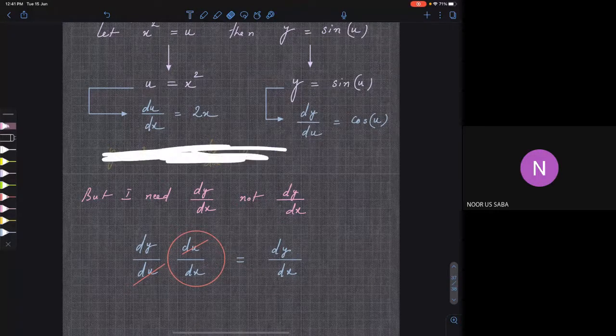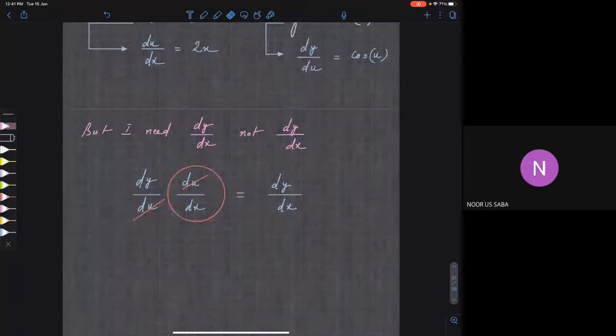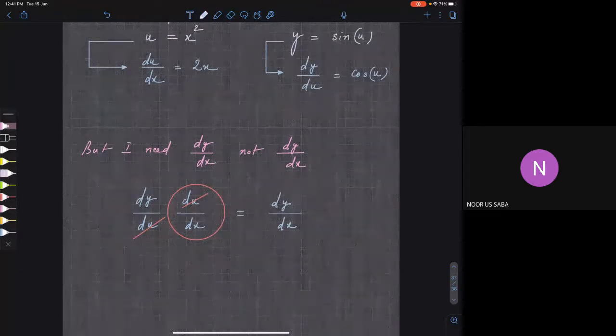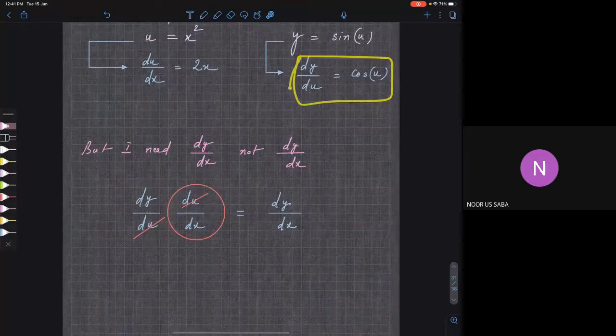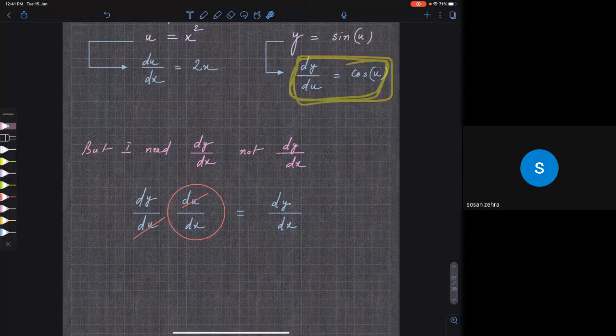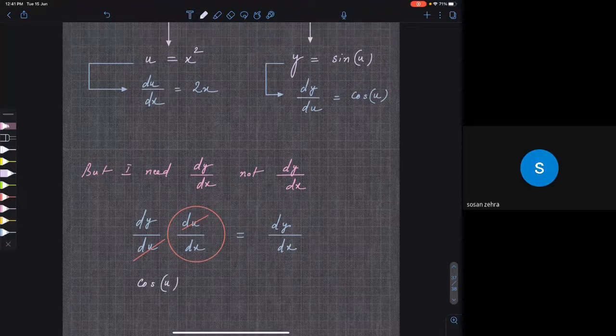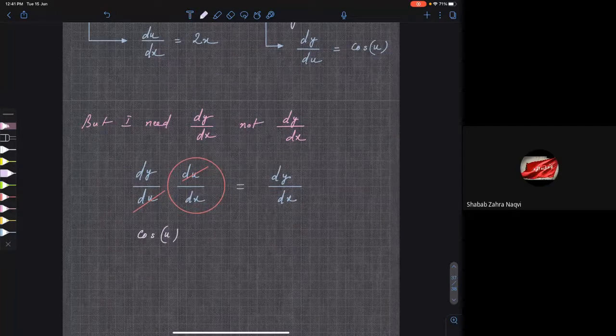Okay. Now tell me, what is dy by du? Cos u. So here I'm writing cos u. And what is du by dx? 2x.